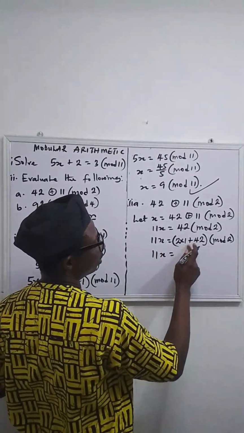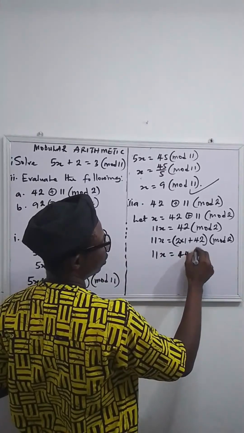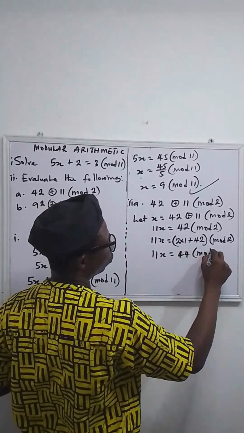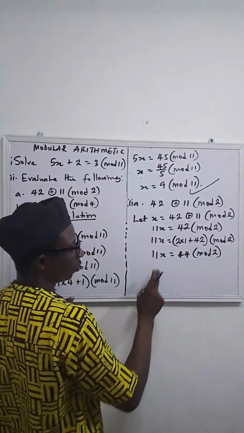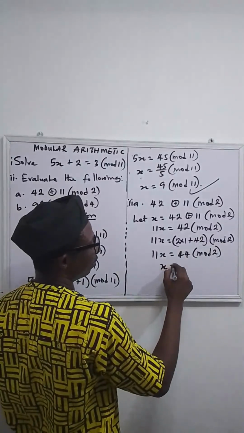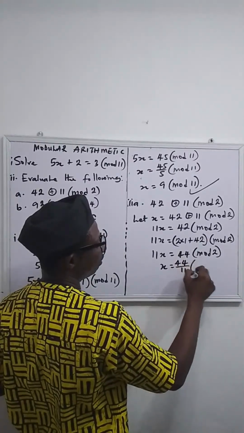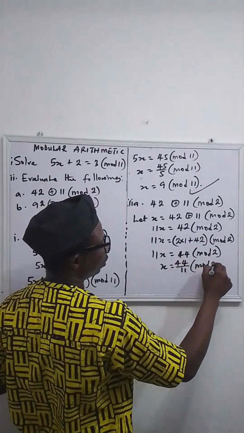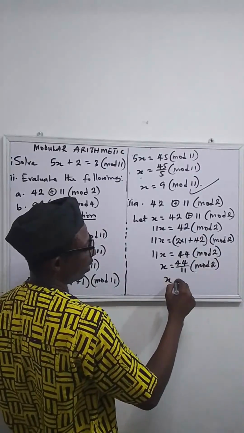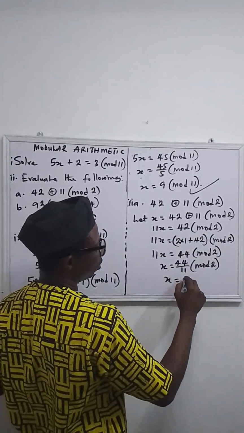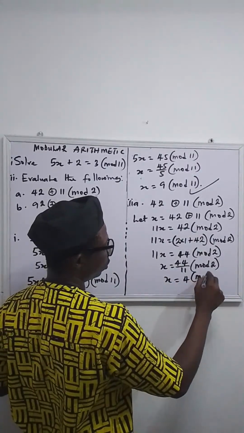Now when you add this, you have 44 in mod 2. So you divide both sides by 11. We have 44 divided by 11 in mod 2. So we have x equals 4 in mod 2.